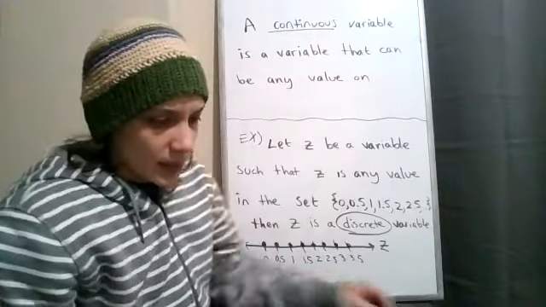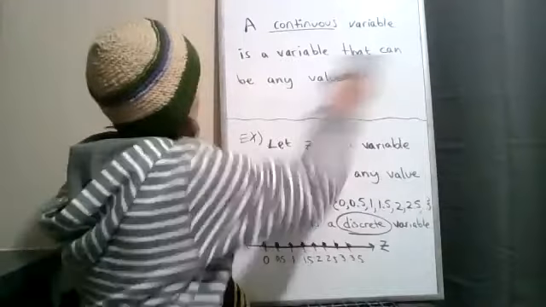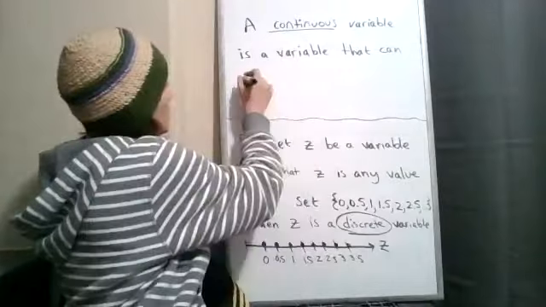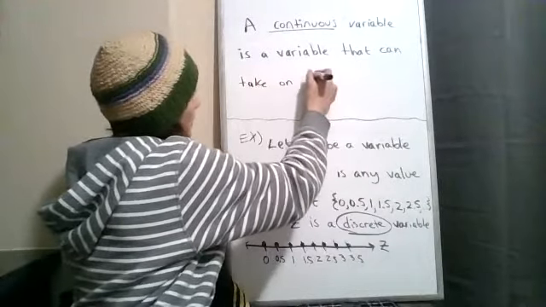Let's see. Continuous variable is a variable that can take on, I like that part. A variable that can be any, infinitely.